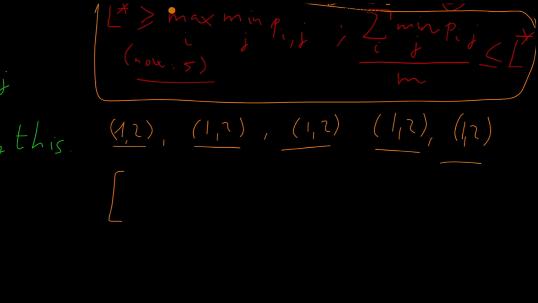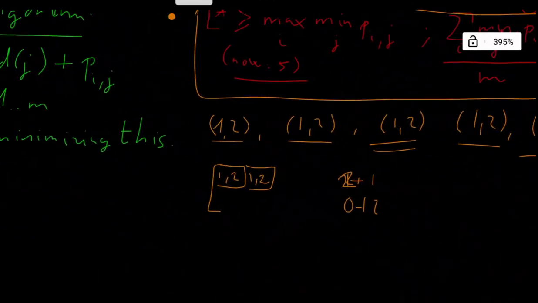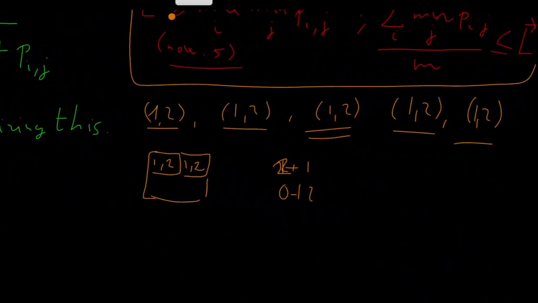But for the list algorithm, you first use the 1, 2, that's fine, for the first machine. For the second, you will have a tie, so 1 plus 1 is the same as 0 plus 2, and in this case, as usual, you are using the least index rule. So this is the first one, but for the third one we will compare 2 plus 1 and 0 plus 2, and now this 0 plus 2 will be the definite winner, which means that you will put the 1, 2 there.